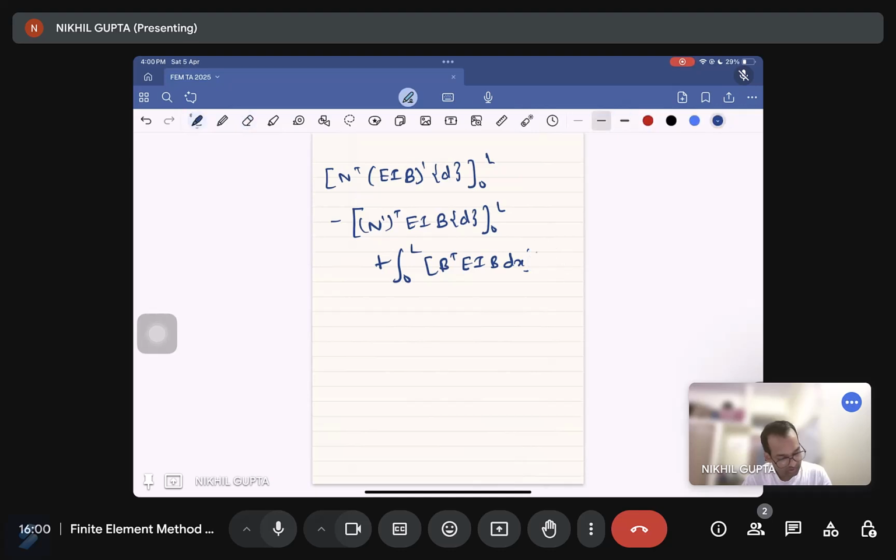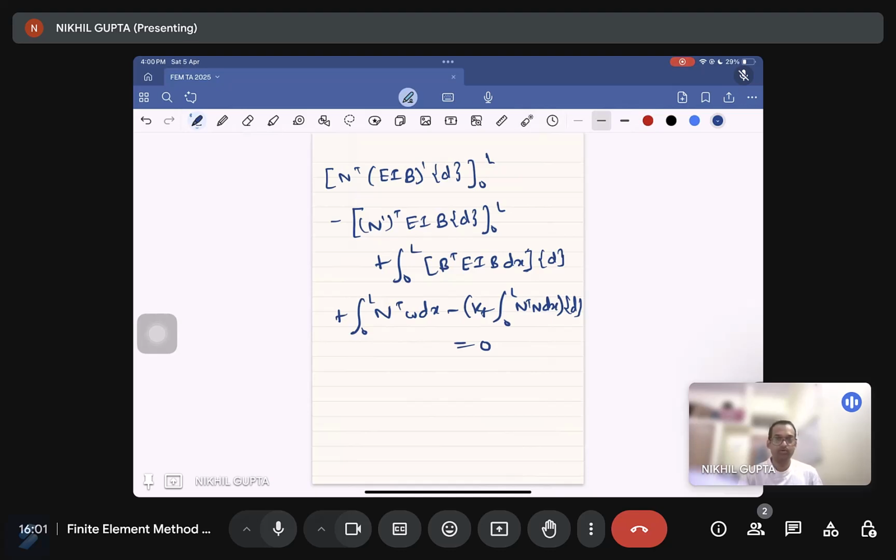Then the other terms, which are N transpose w dx, minus kf times the integral from 0 to L of N transpose N dx, with d, equals 0.